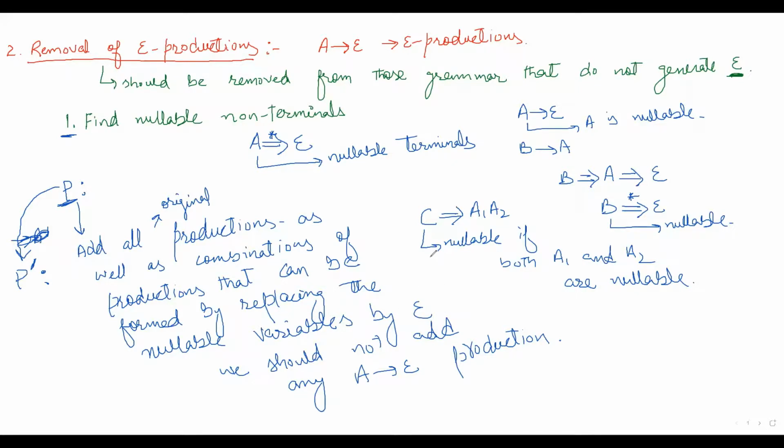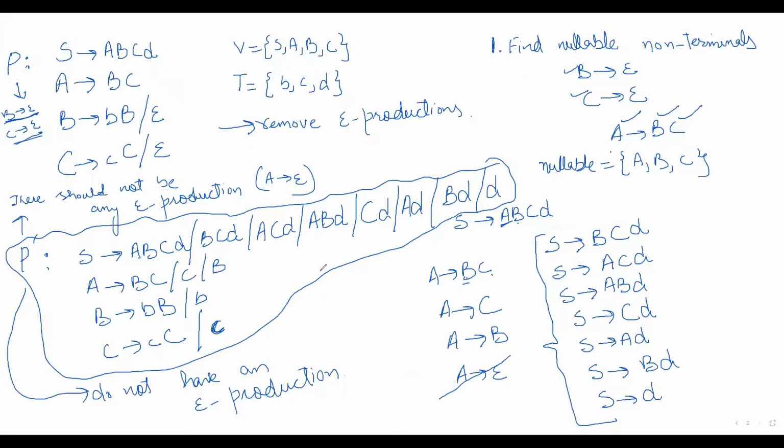So from those original productions, you have to replace all combinations of nullable non-terminals with epsilon, generate new production rules, and add those as well. But you have to remember, you should not add such kind of productions. So this will be an equivalent grammar with no epsilon productions.